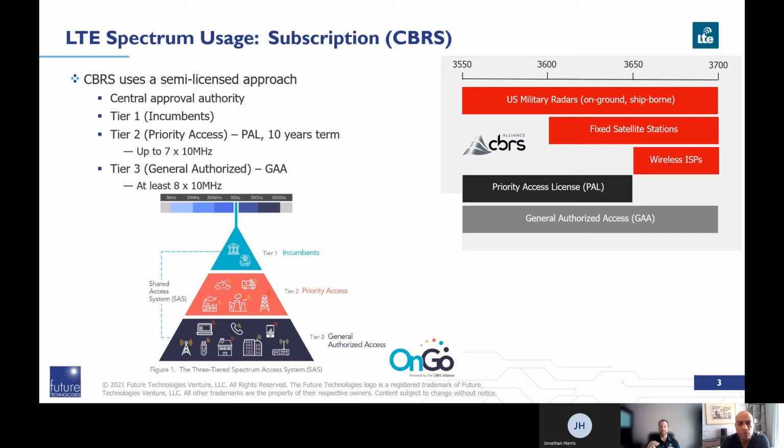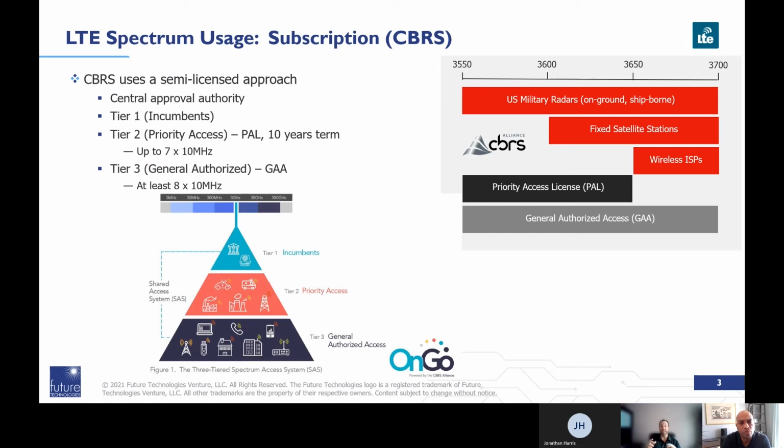The tier two model is called priority access license, where the FCC actually held an auction and allowed private entities to buy 10 megahertz chunks of spectrum in county-wide locations across the US so that people can quote unquote own their own spectrum in those areas based on what they purchased. So a PAL auction, again, was hosted by the FCC.